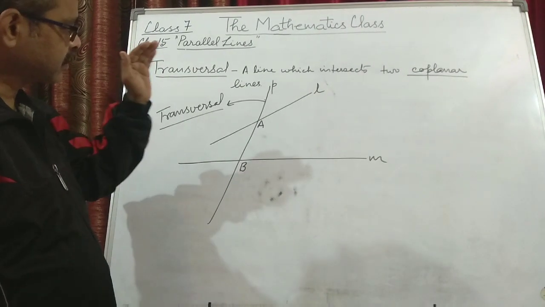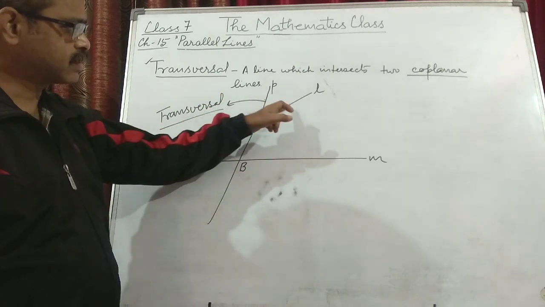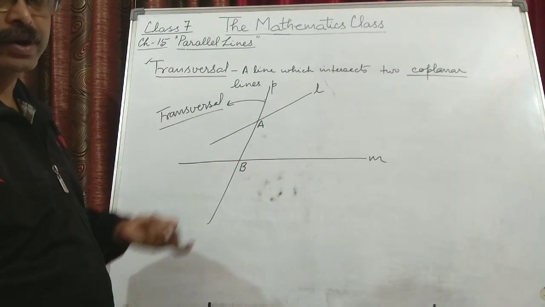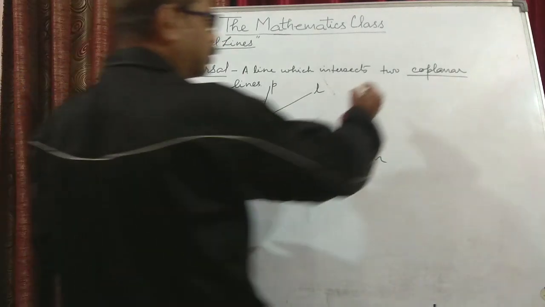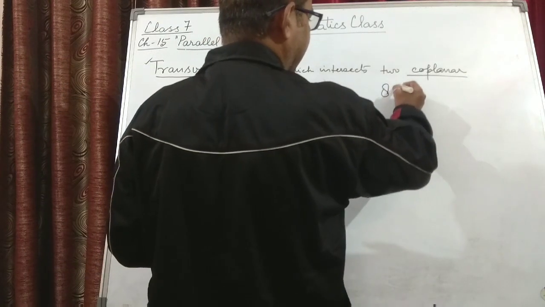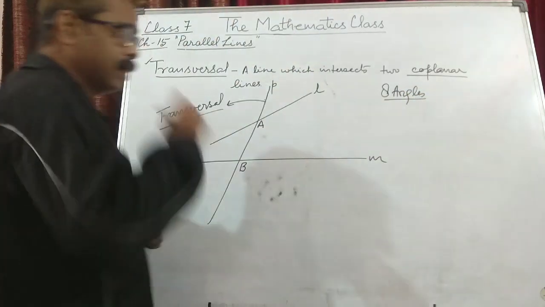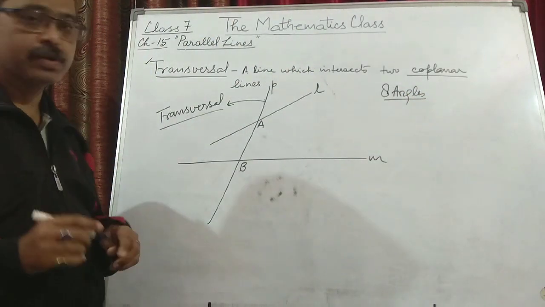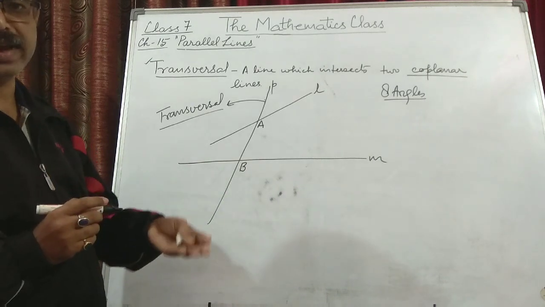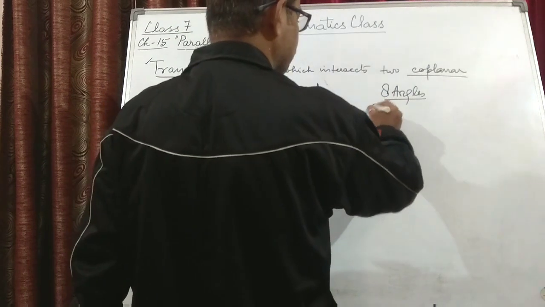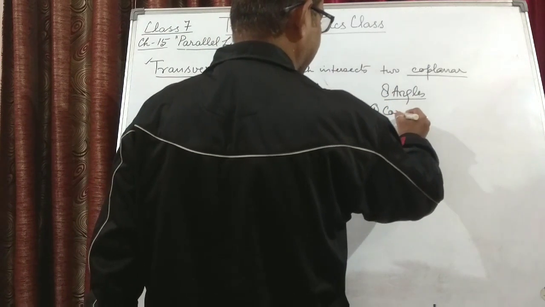Now when a transversal intersects two lines, then there are a few angles formed. In total, 8 angles are formed. I will tell you what the names of those angles are and what those angles are. So first is known as corresponding angles.